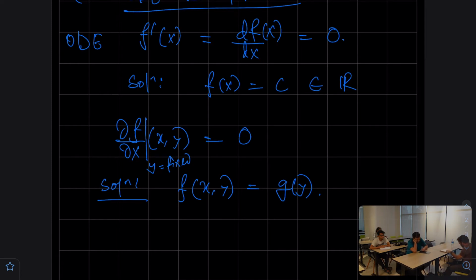One simple example would be e to the power cy, say. Here c is arbitrary, and you can write any other function with it, sine y, anything. I haven't imposed any initial condition, so everything for the moment is a solution which is a function of y only. So it is infinite dimensional.